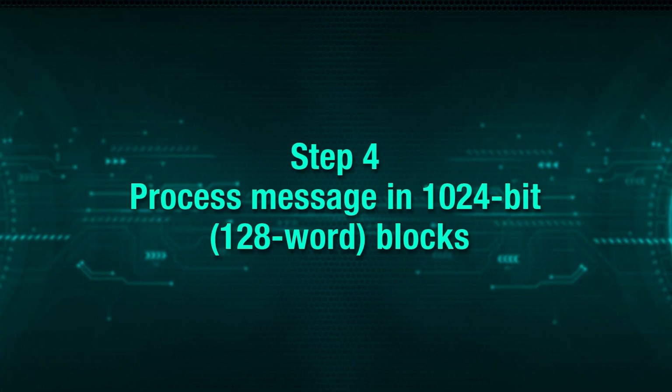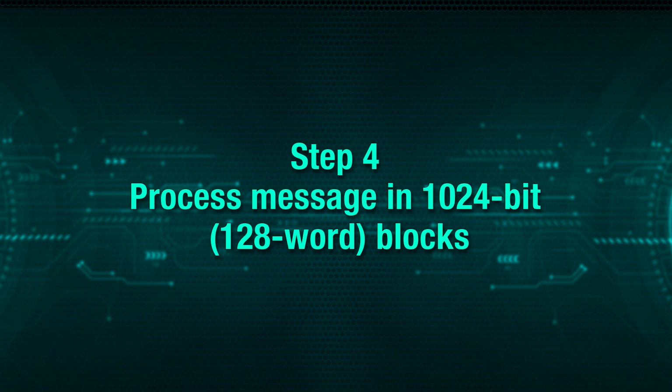These values are stored in big endian format, which is the most significant byte of a word in the low address, that is leftmost byte position. These words were obtained by taking the first 64 bits of the fractional parts of the square roots of the first 8 prime numbers.